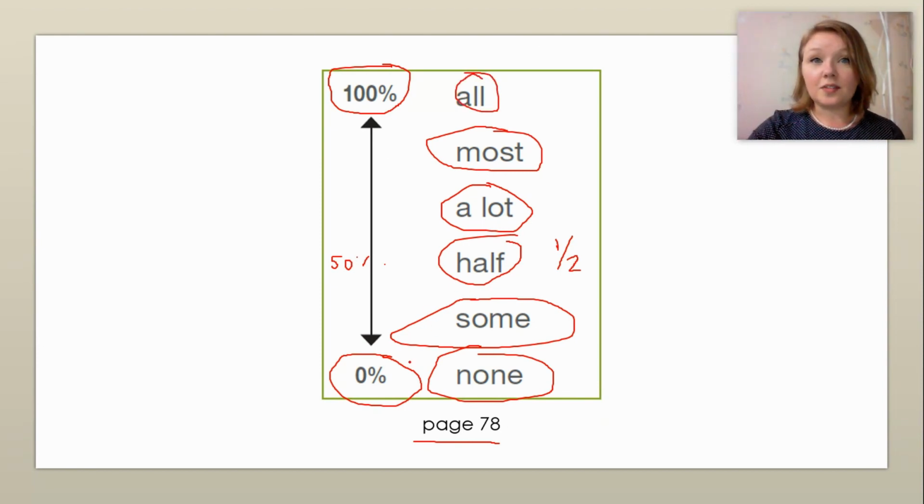So let's look at these phrases together again. None, some, half, a lot, most, and all. Okay? So we're going to get a lot of practice with these for the rest of this session and really learn how to use these words correctly.